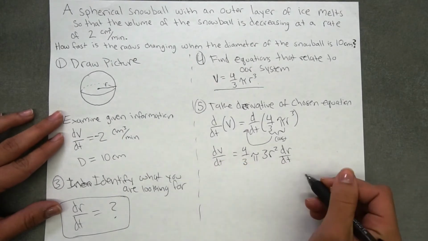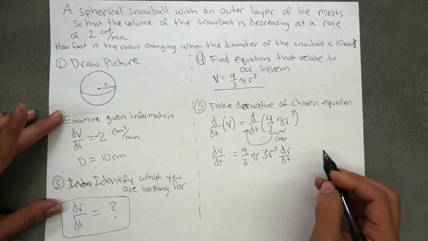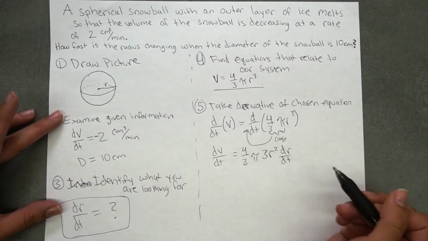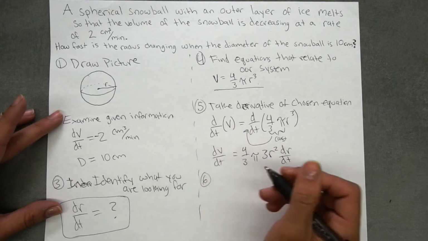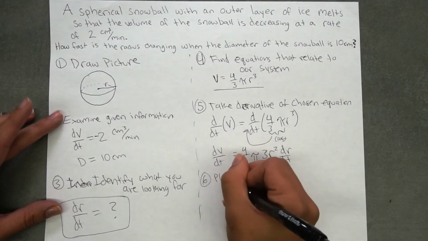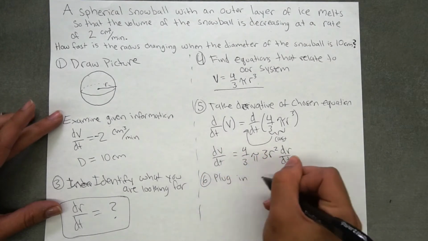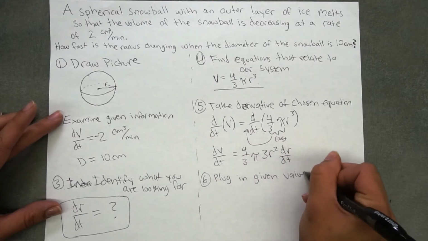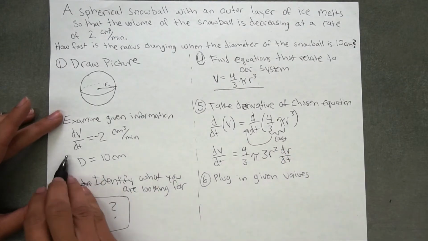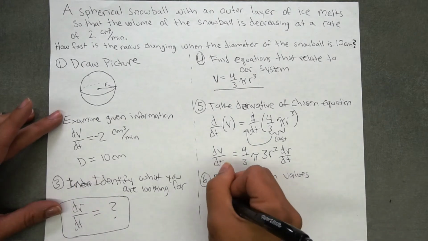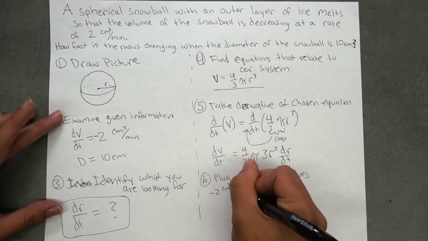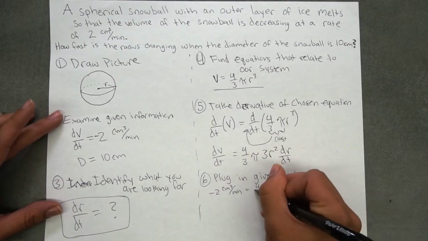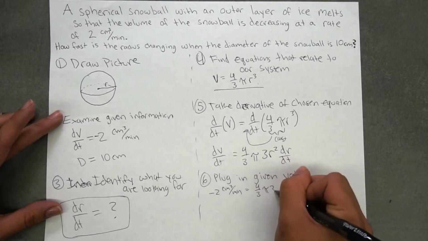So now that we have this, we need to plug in our information and then we can solve for dr dt. So step 6, plug in given values. Okay, so we said dV dt was -2, so -2 centimeters cubed per minute equals 4/3 pi 3.